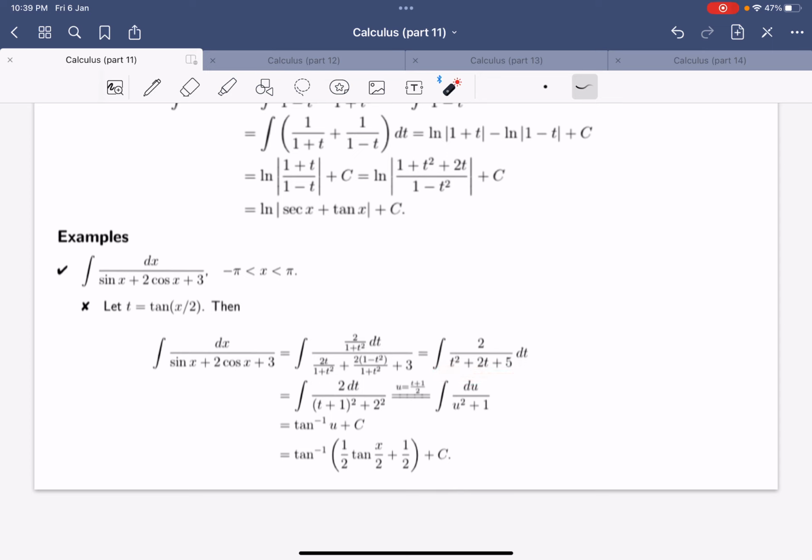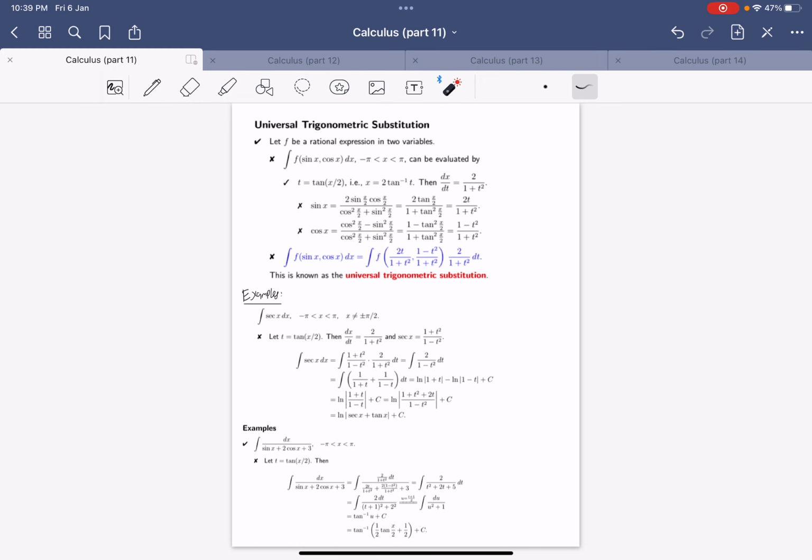And we can see that this expression is now easier to integrate. That's basically the gist of solving an expression with multiple trigonometric functions inside: you just do the standard trick of substituting t equals tangent x over 2.